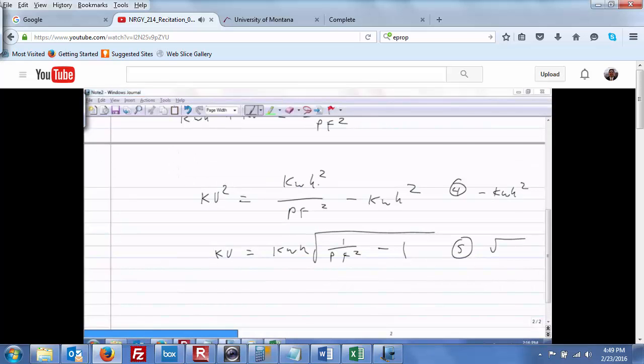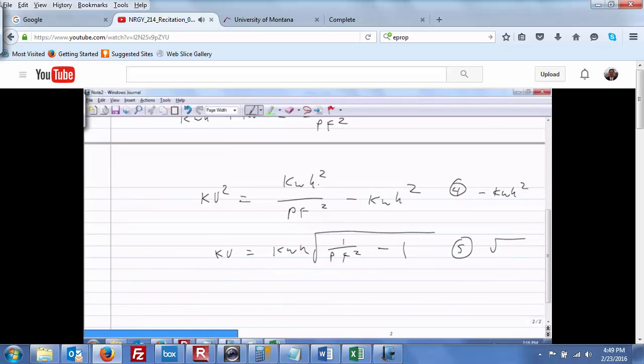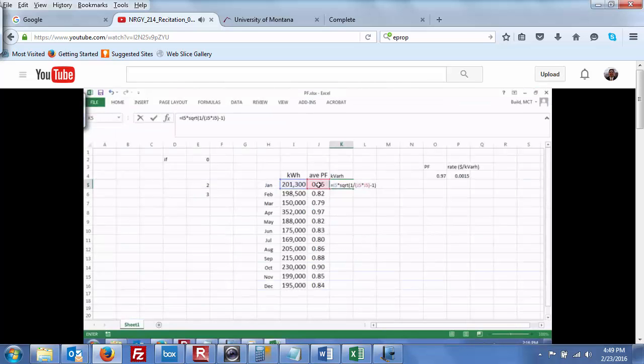So we got my kilowatt hours out front. That's my I5. Got my square root. I've got the inverse of power factor squared minus 1. And I'll just do a 0, 1 on my if.